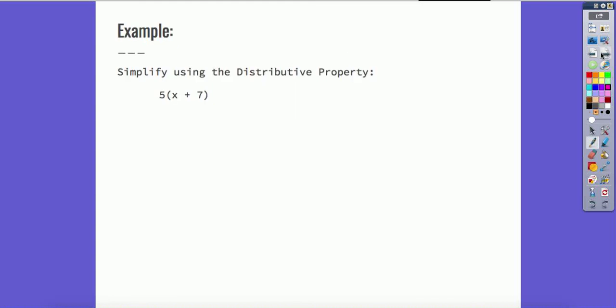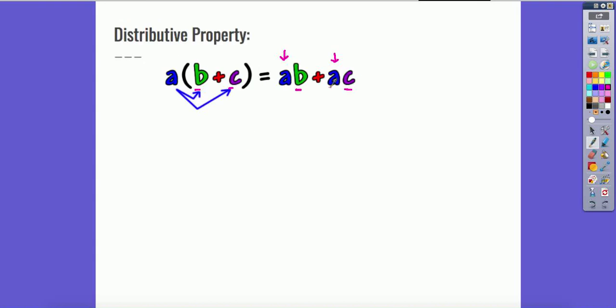We're going to take a look at some examples here, and I'm going to rewrite this using the distributive property. So again, the 5 is the piece on the outside, and based on my definition, it's going to go in both places.